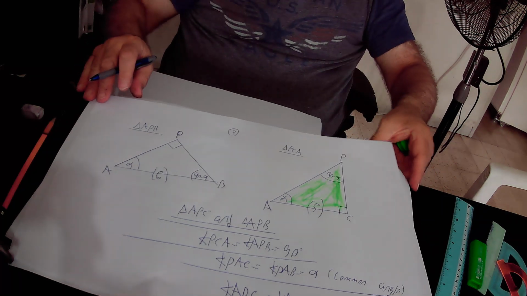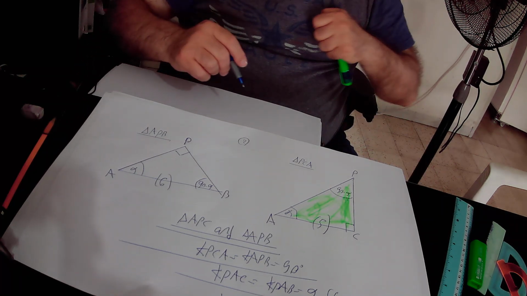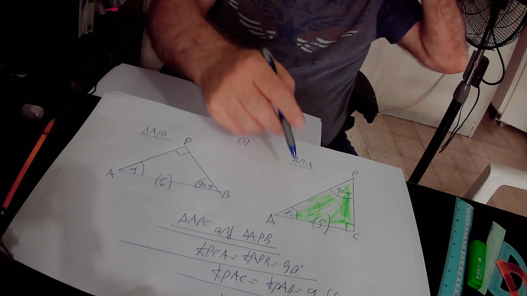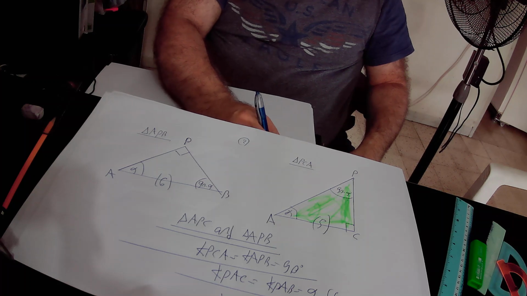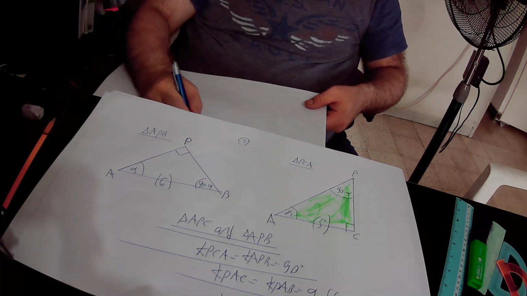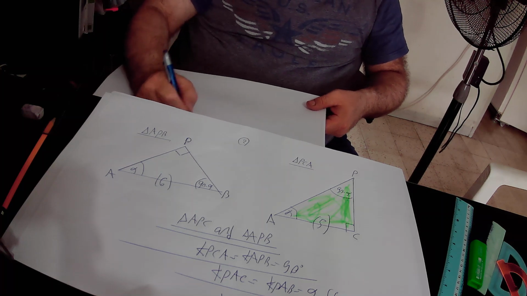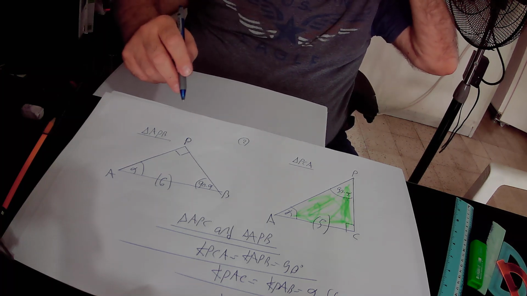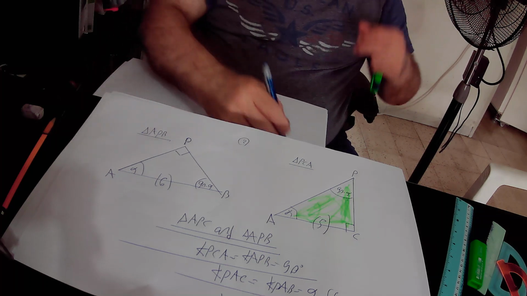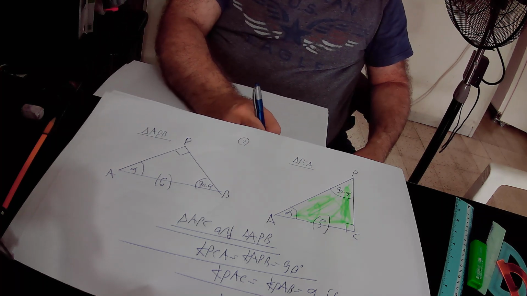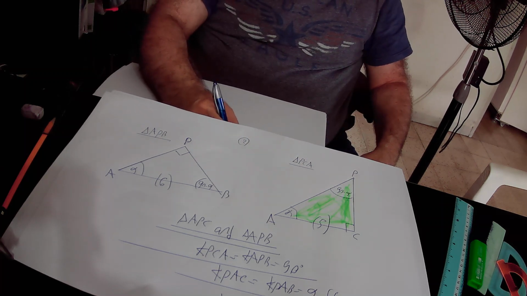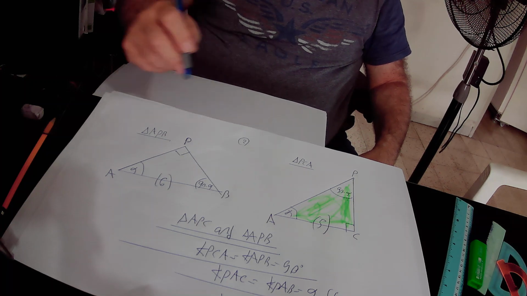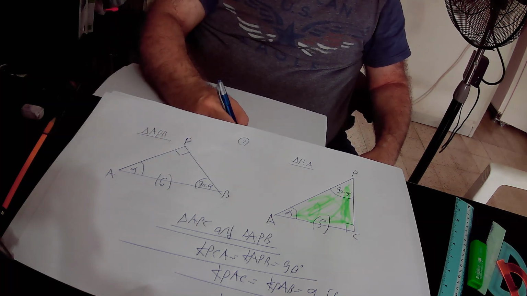So we derive that the following relationship exists between those two similar triangles: side AC in the green triangle over side AP in the white triangle equals side AP in the green triangle over side AB in the white triangle.